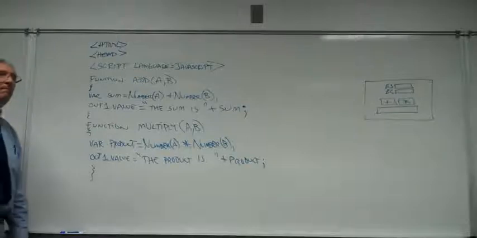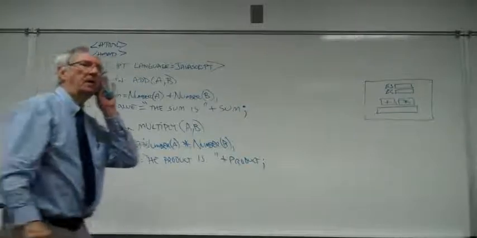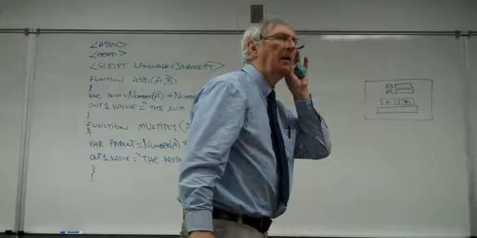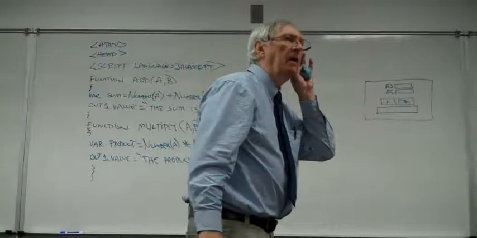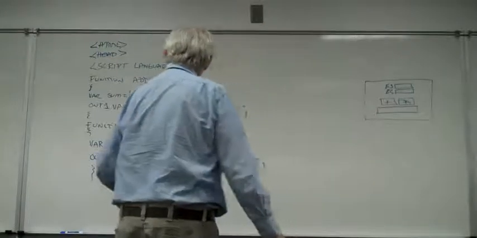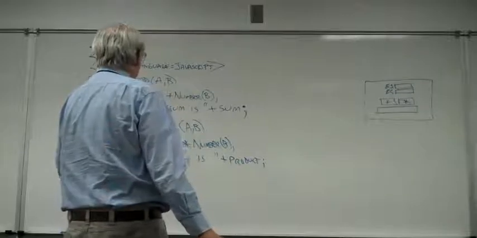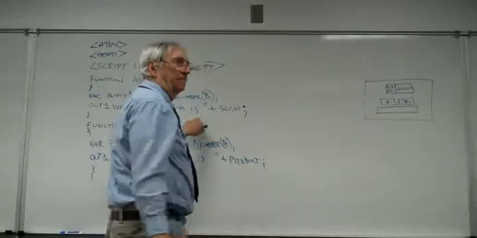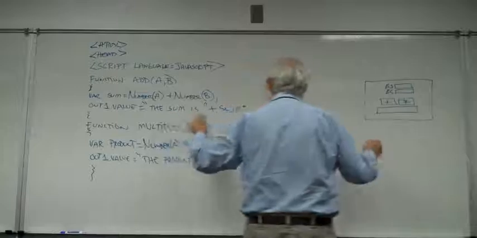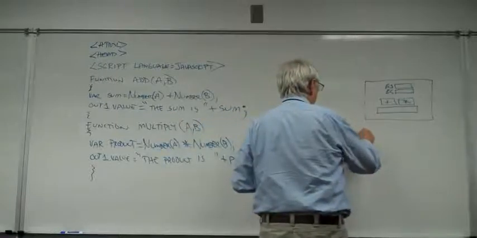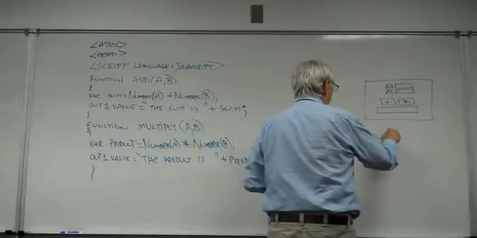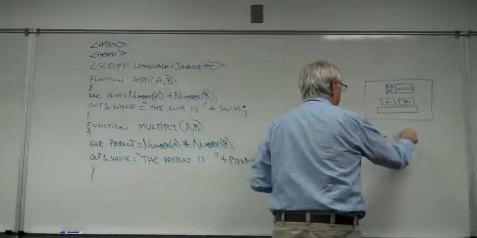Yep. So we need to leave the space after the word is, right? One more time. Do we have to leave the space after the word is? After the word is, yeah, "the product is", right here. Space. Yes, because let's suppose they said the sum is6.